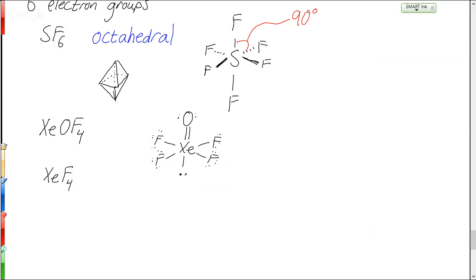If you put that lone pair underneath, you end up with this kind of a structure, or it could be on the top, could be on the side. No matter where you put it, you're going to end up with this structure, which kind of looks like the top half of that octahedron, if you connect those together.